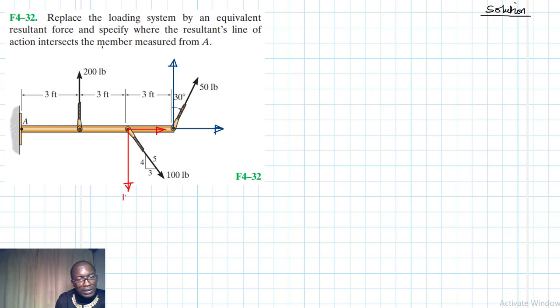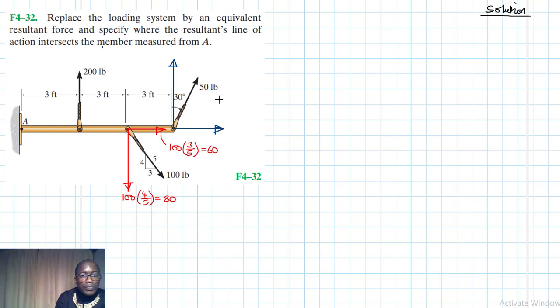This one is 100 times 4 divided by 5. This is equal to 80. Then we have 100 times the run, 3 divided by 5. 5 into 100 is just 20. 20 times 3 is 60.